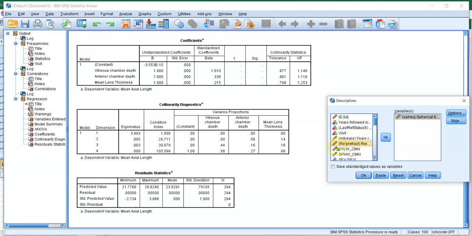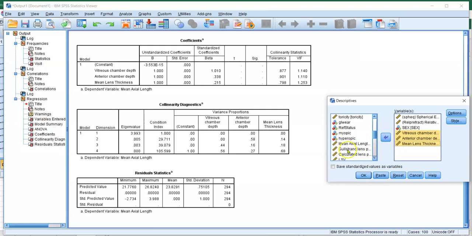Relative peripheral refraction. Remember, that's using the Grand Seiko, calculating their peripheral refraction and subtracting the central refraction from that. We'll put in sex, gender, whatever. VCD, vitreous chamber depth, anterior chamber depth, and lens thickness.